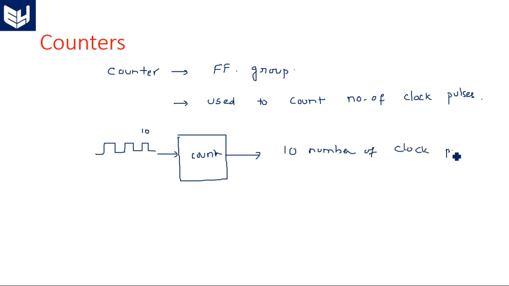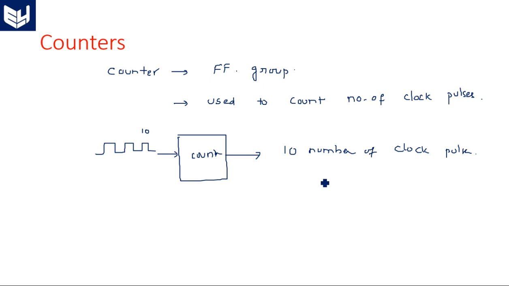It produces some output, a logical flow, that will be repeated for every 10 clock pulses. So however many clock pulses the counter is going to count, for that many clock pulses the count will be repeated. Whenever the repetition starts, we can understand those are the count of the number of clock pulses.